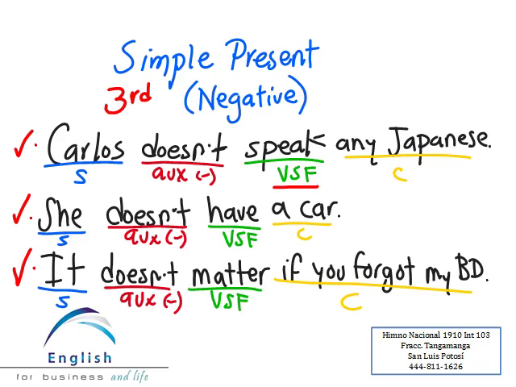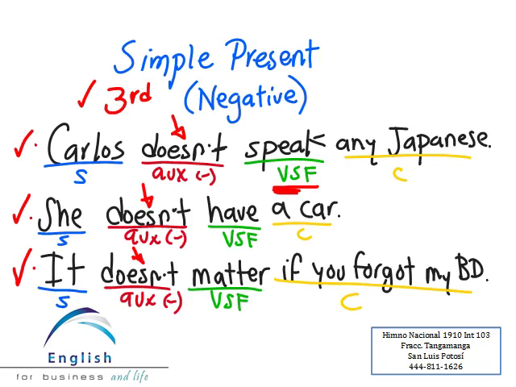The S is in our auxiliary. And that is why when we have the negative form for the third person, the verb is in simple form. Alright? Speak, have, or matter. But again, practice is very important, and it is also key so that you do not forget this important aspect of grammar.